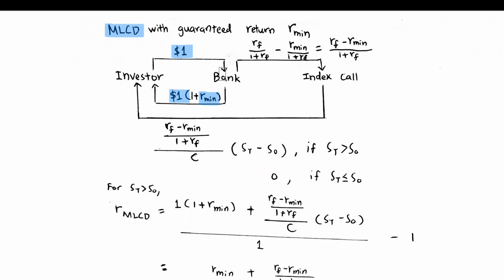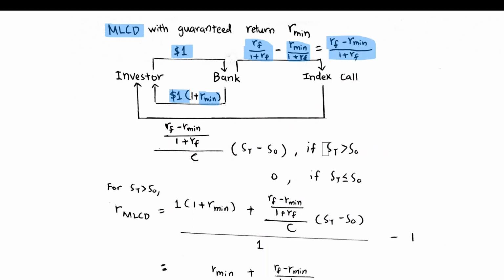And because the bank has to give this extra amount of money in the future, the bank can buy fewer units of the call option. Originally, the bank can buy this amount of the call option, but because of this R min, we need to subtract out its present value here. Therefore, the bank can only afford this amount of the call option.